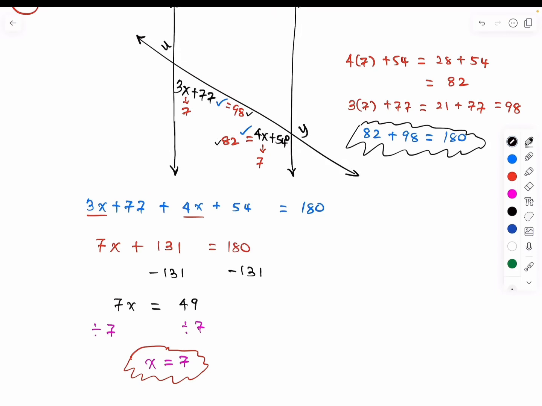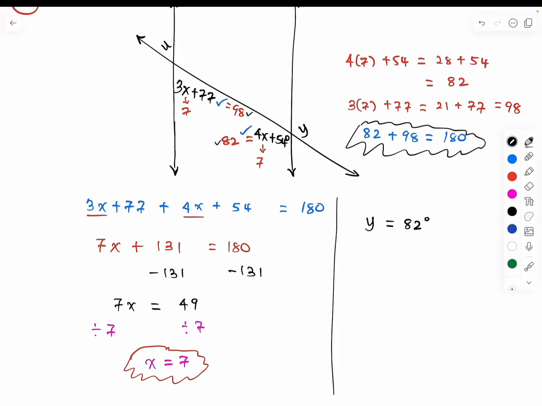So what can you say about u and y? We saw in the last video that those are vertically opposite angles, and vertically opposite angles are congruent. What congruent means is they have the same measurement.